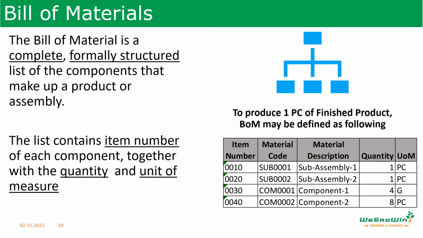Bill of materials is a complete, formally structured list of components that make a product for assembly. The list contains the item number for each component together with the quantity and unit of measure. Why do we talk about bill of material here? For material management, it is used for the subcontracting process.